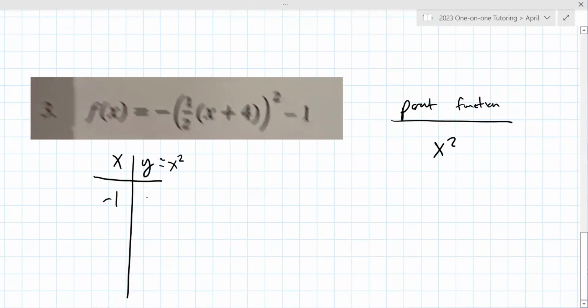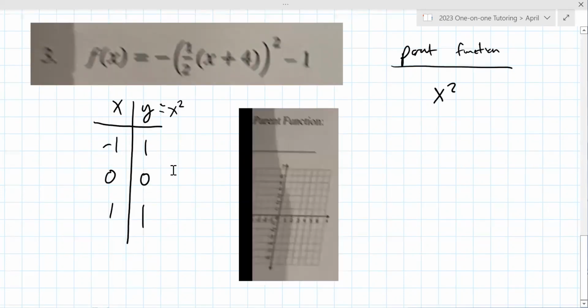-1, 1, 0, 0, and 1, 1. Good, very good. When you graph your parent function, you're going to graph these values: -1, 1, 0, 0, 1, 1.